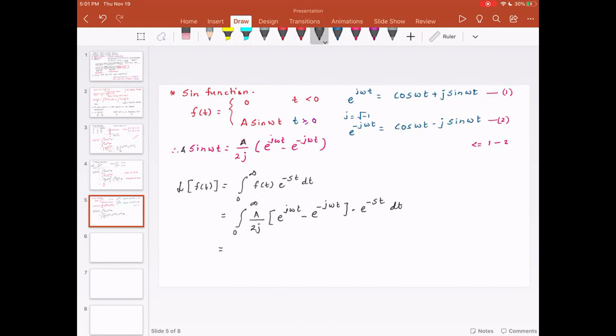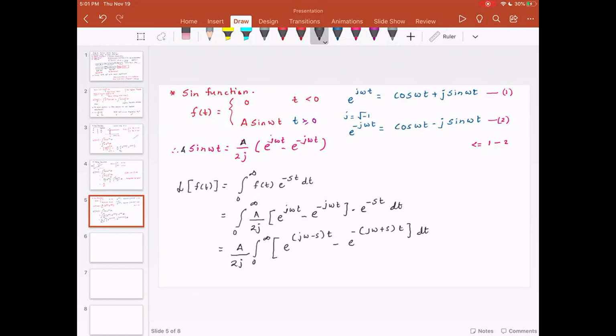This becomes super simple because a divided by 2j comes out of the integral sign, and e to the minus st gets added in the exponents, so you get e to the j omega minus s times t, minus e to the minus j omega plus s times t, dt.